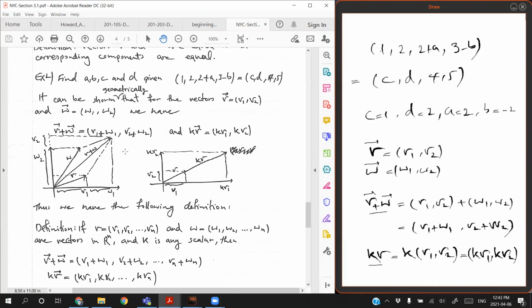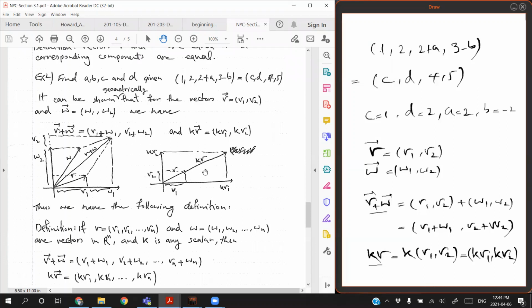And algebraically, the length from here to here is going to be exactly v1 plus w1, and the length from the origin up to this point here is going to be v2 plus w2. So we can see that v plus w is actually v1 plus w1 for the first component and v2 plus w2 for the second component.